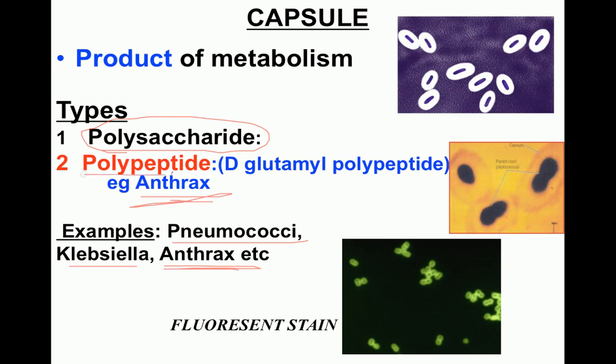Its capsule is polypeptide in nature, and this polypeptide is D-glutamyl polypeptide, which constitutes a very important examination MCQ. Bacillus anthracis is the only organism which has a polypeptide capsule, and it is D-glutamyl polypeptide.